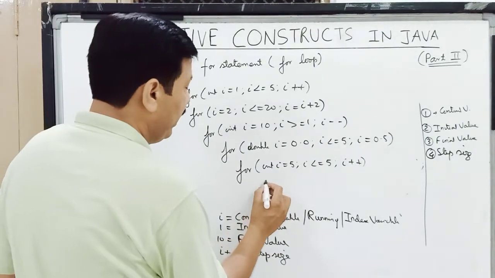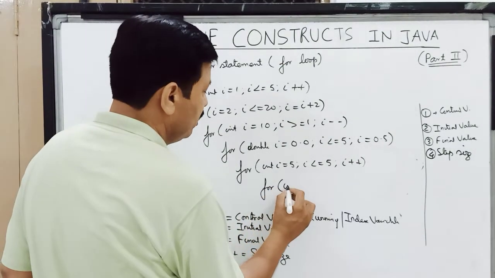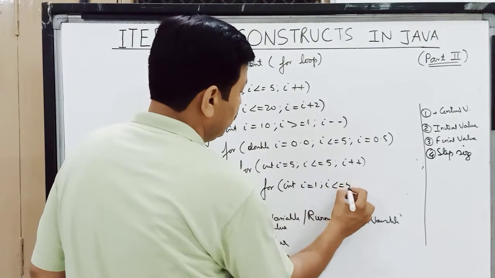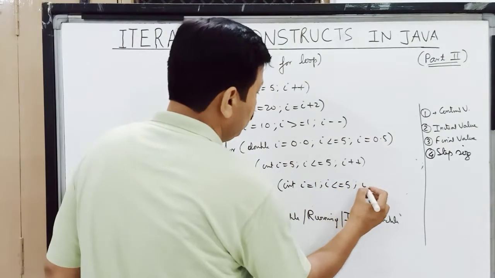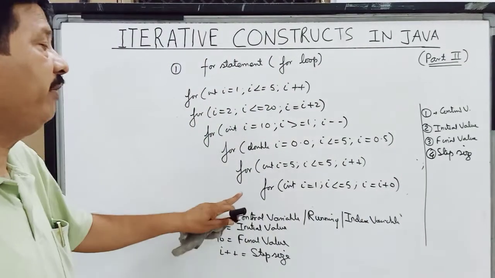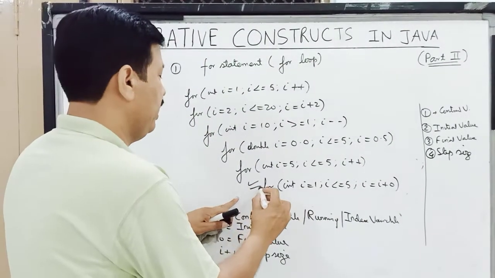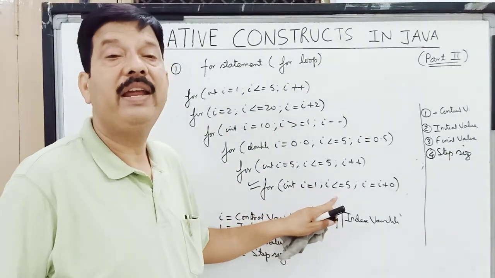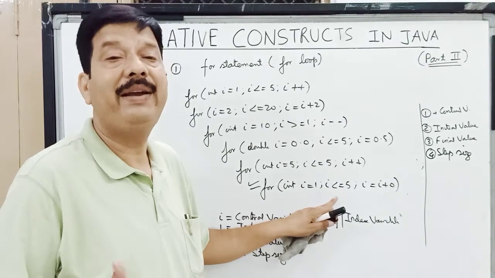Then I am also writing one more condition children. For int i is equal to 1, i is less than equal to 5, and I am using my step size as 0, i is equal to i plus 1. Now children, if I use this particular case, then my loop will become an infinite loop, an endless loop.